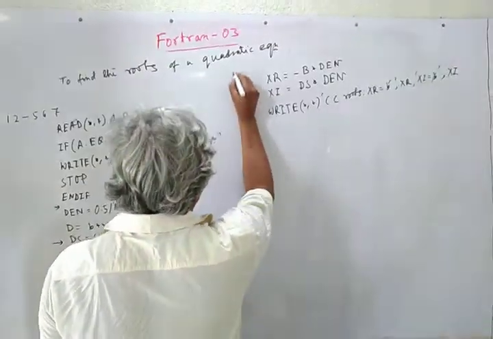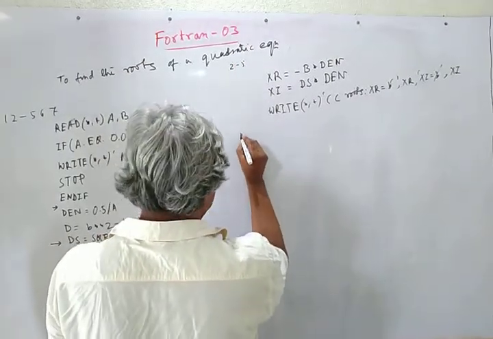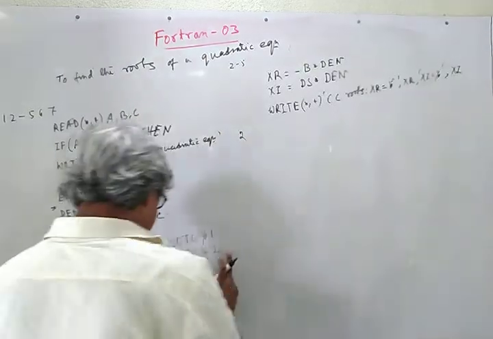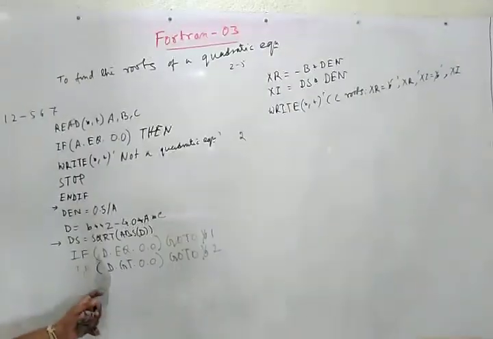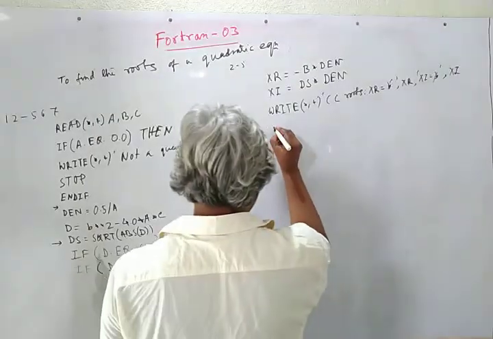Then within columns 2 to 5, I write say 2 first. This is the case when the roots are real but unequal.